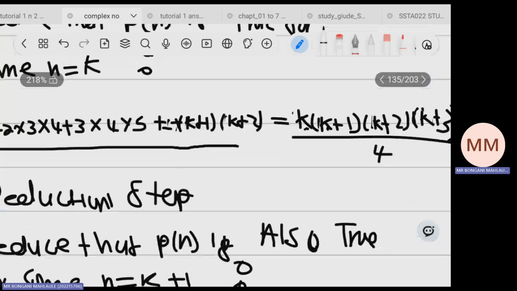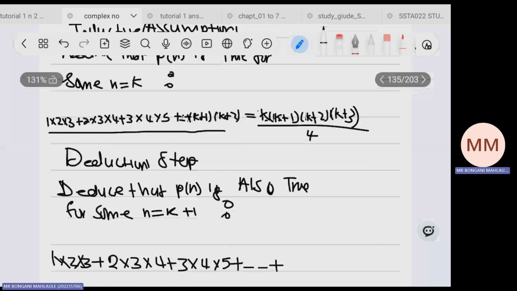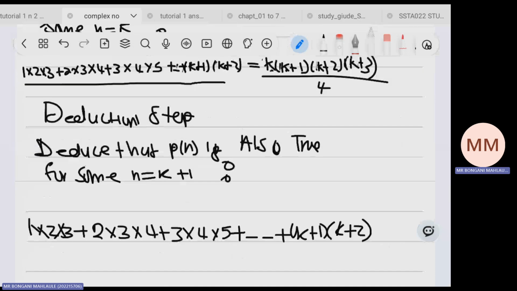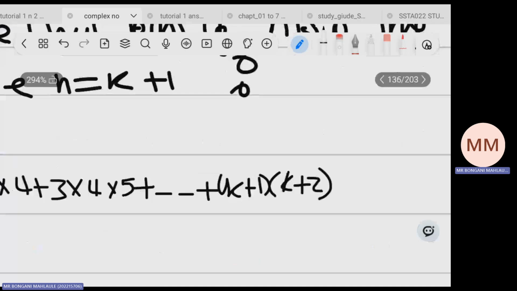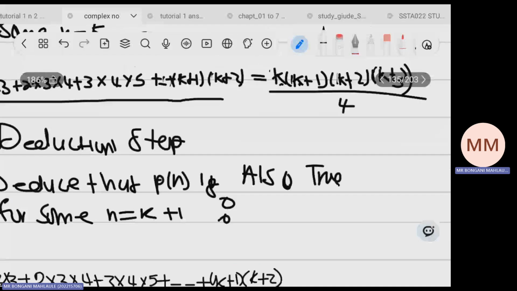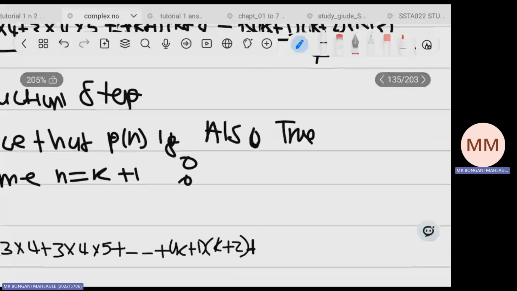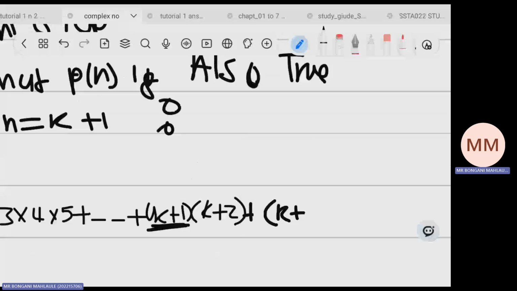And this will be k plus 1, k plus 2, and then this is equivalent to plus k plus 1 plus 1, it will be 2, then k plus 3.